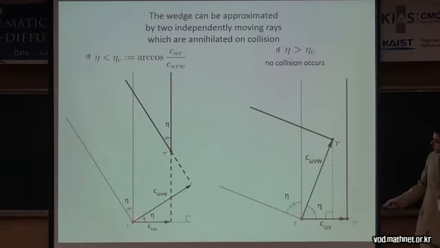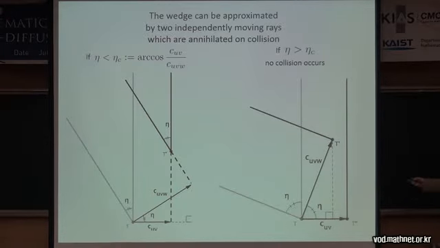I have oriented the right side vertically in order to simplify things, and we see that when the horizontal component of the velocity of the left side is greater than the speed of the right side, these two fronts will collide, annihilate and originate a traveling wave with angle eta. This threshold is given by this formula here.